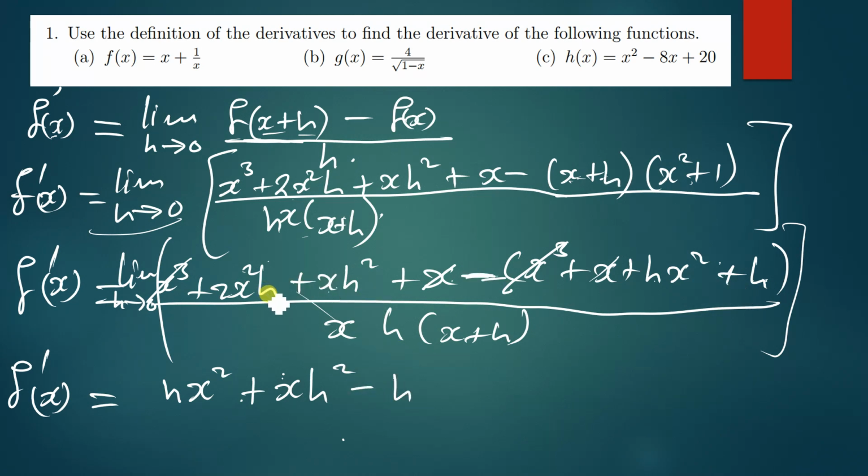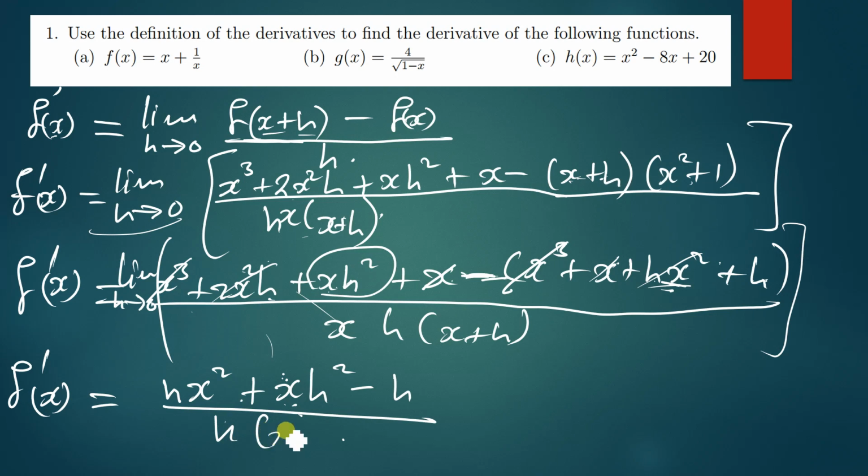And then the other part that we have not checked is, even this one is subtracting because we have xh squared there. Okay, they're different. I thought it's going to subtract with this one, so we can just write it there. Then this part is the one that's subtracted with that. This one has cancelled with that, that, and that. So we're dividing everything by h. Then we have x and x plus h.